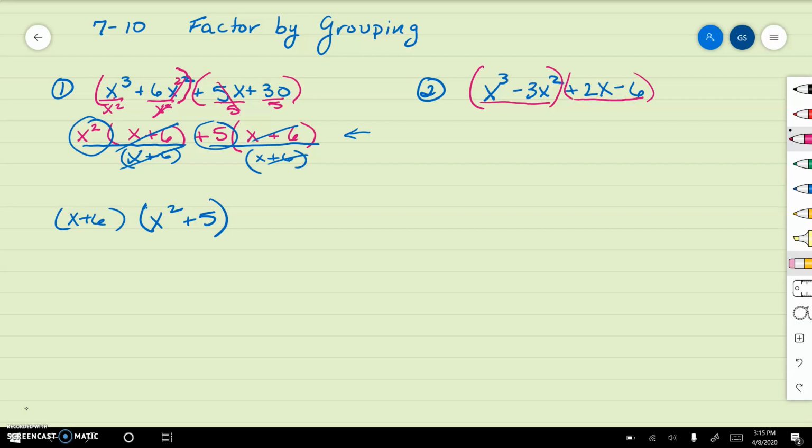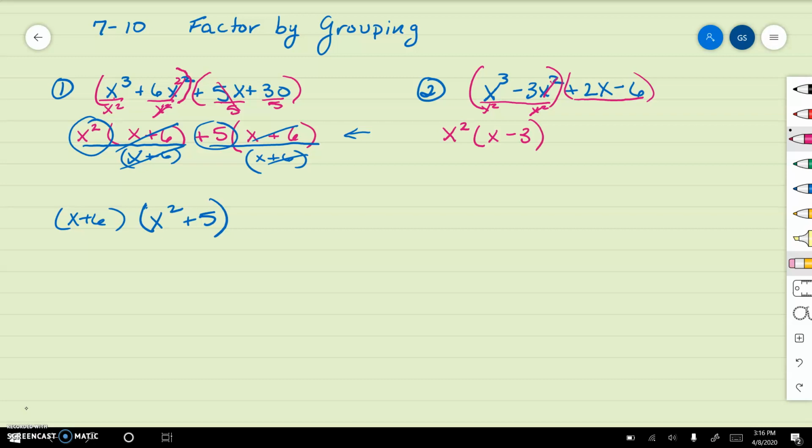Now we just have to take care of the first 2 terms for now. We have an x squared that can be taken out of each of these. It's the lowest exponent. If we divide by x squared, here we're going to have the x to the first left over, and here we're going to have minus 3.